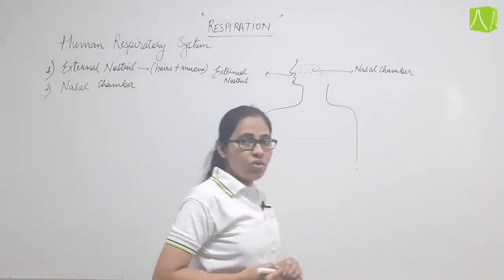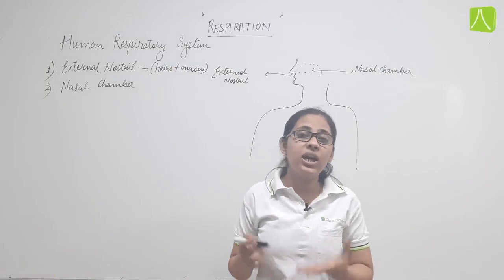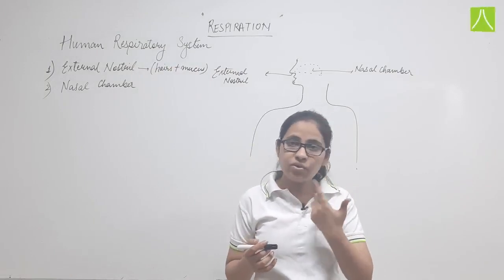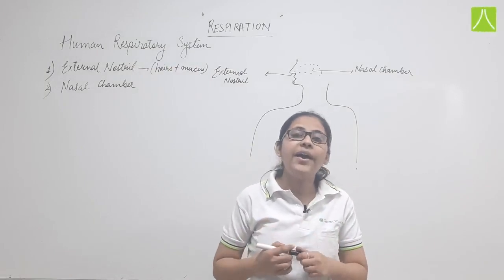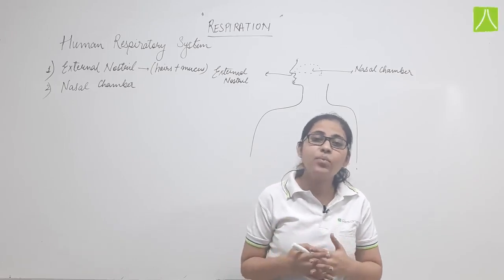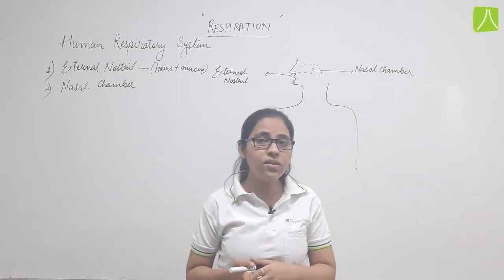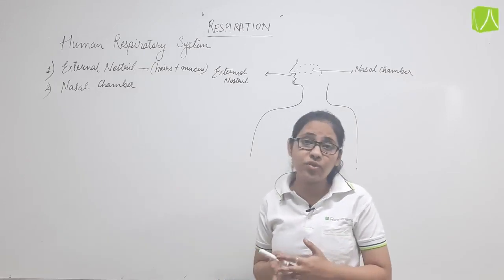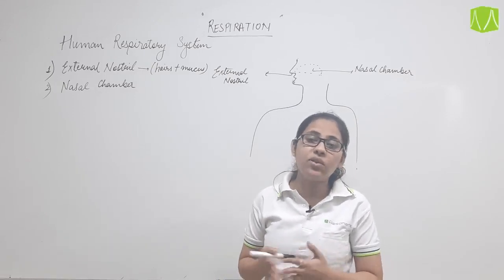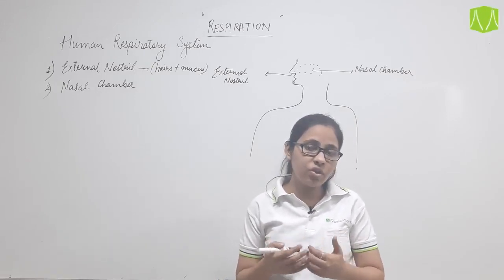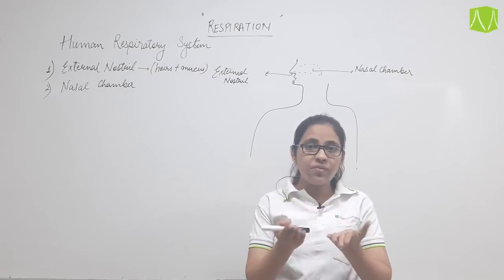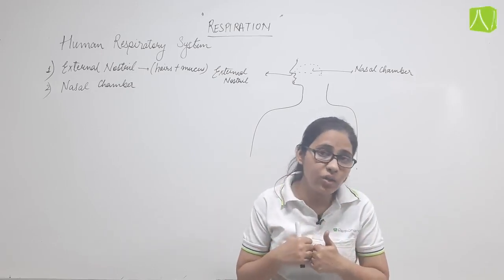Nose has hairs over its internal wall, and it has mucus secreting cells which secrete mucus. Now what is the function of these two? Hairs and mucus both collectively function as filtration. It filters the air which is inhaled by the individual.